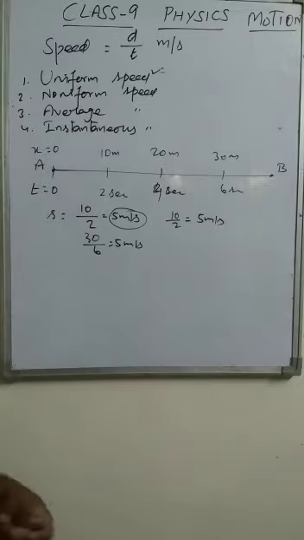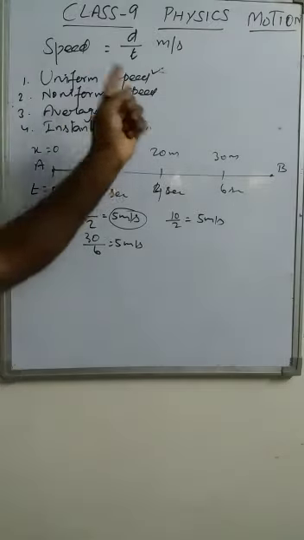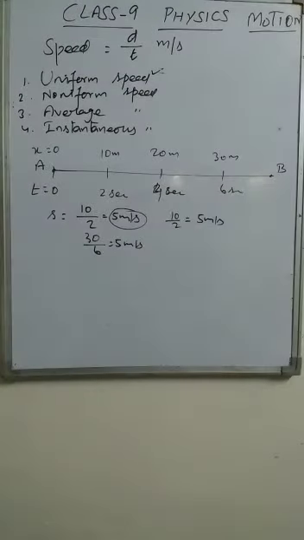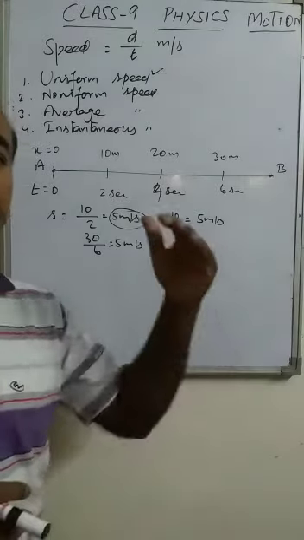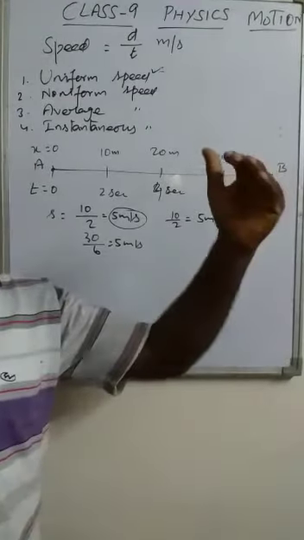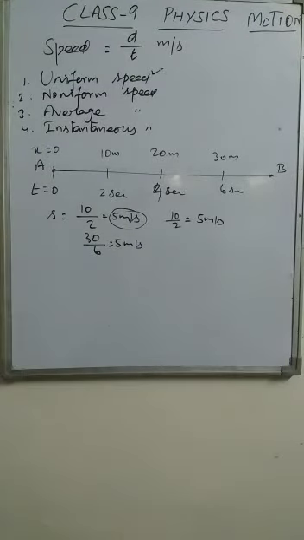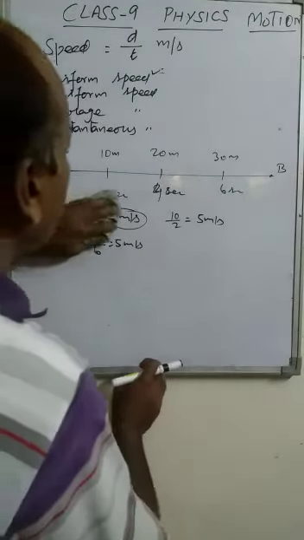If an object is traveling with a non-uniform motion, or non-uniform speed, in that case throughout the journey the speed is not the same. It changes. It can increase from the beginning, or it can decrease from the beginning.